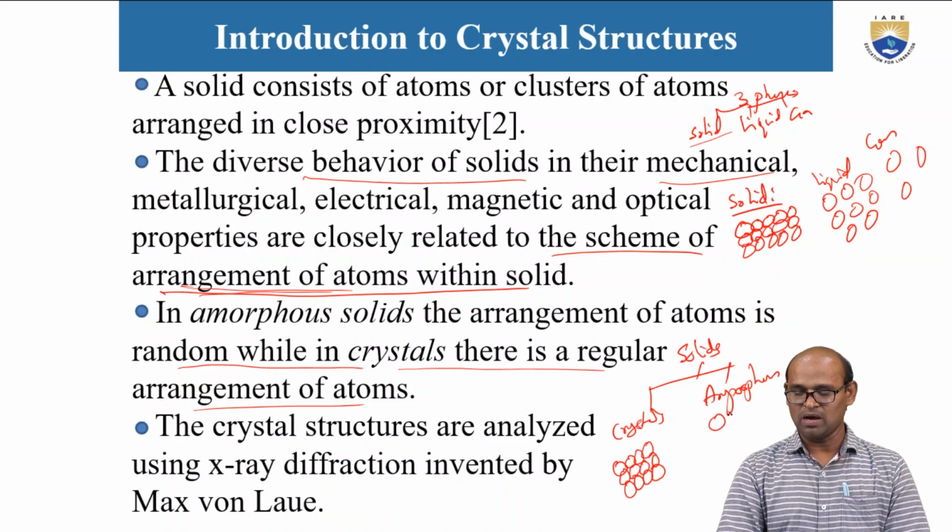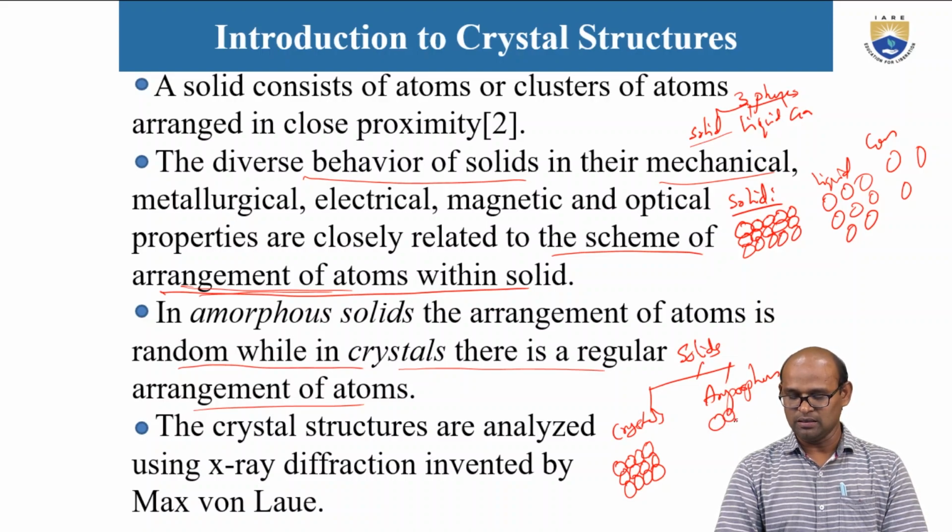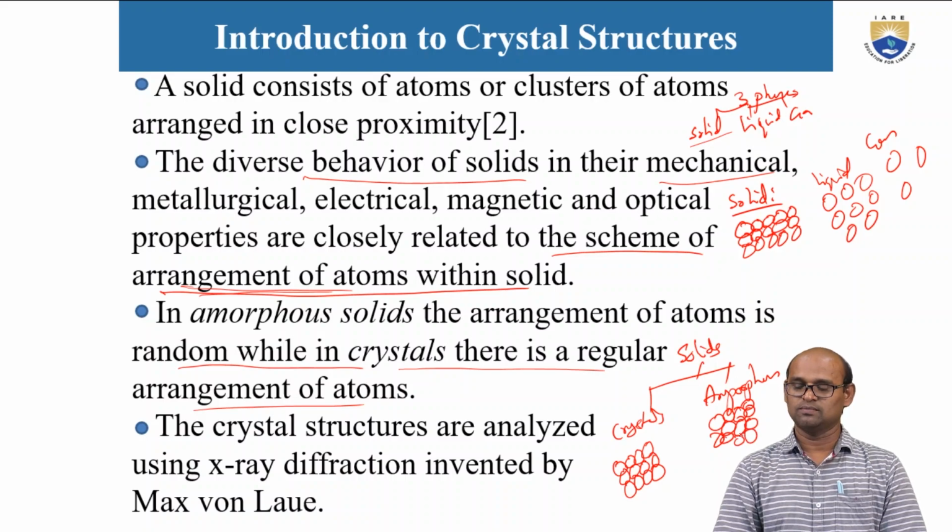In amorphous solids you can have local order, but you are not going to have global order. So the arrangement is not very regular. It is a random atomic arrangement.